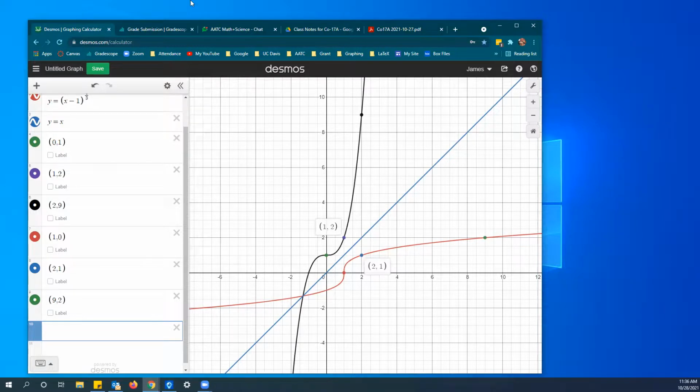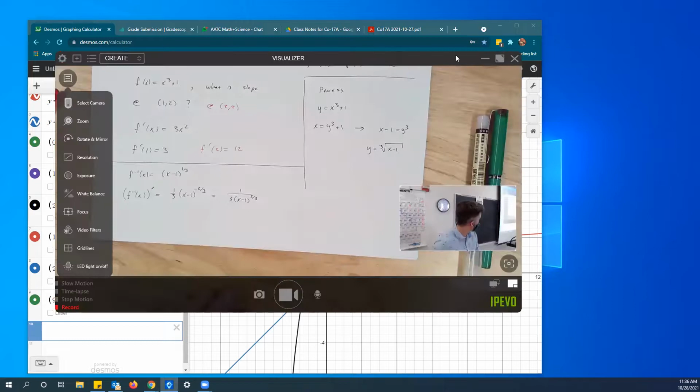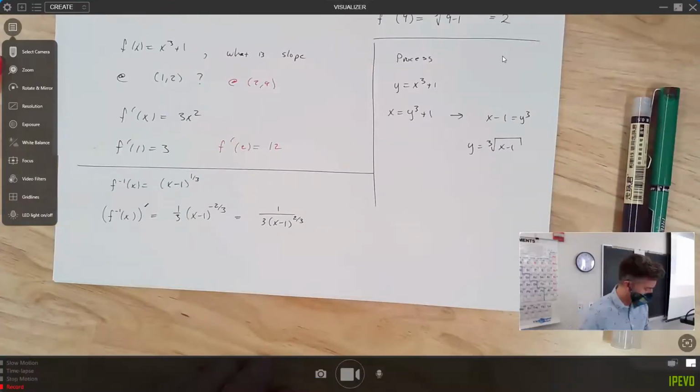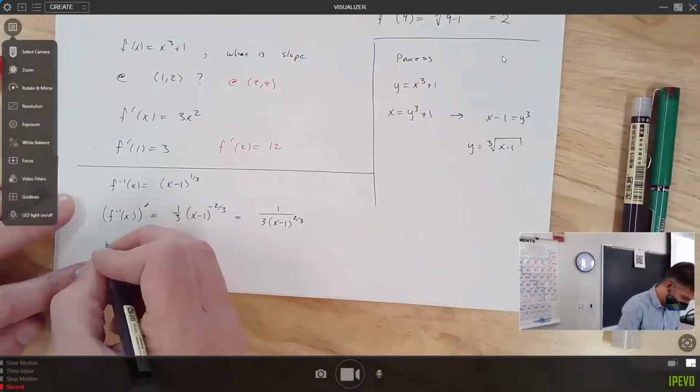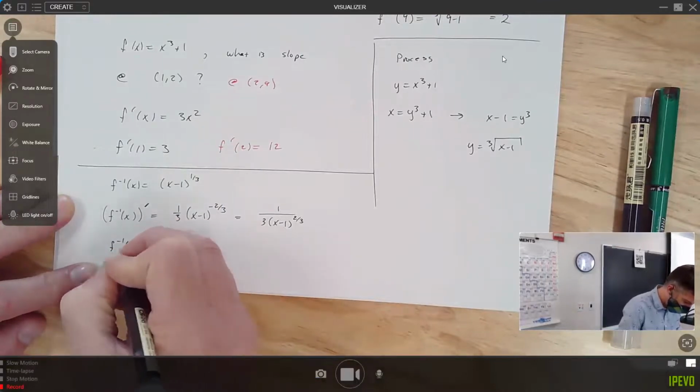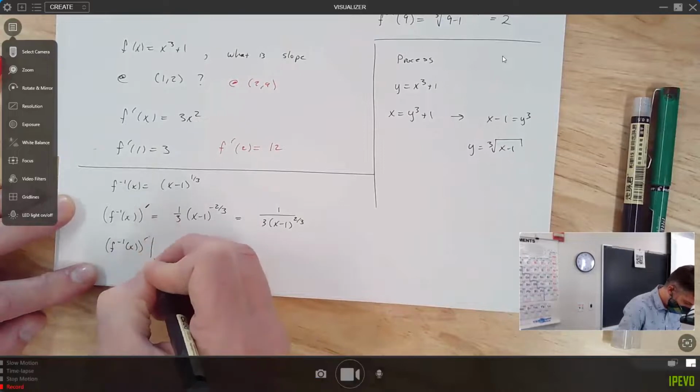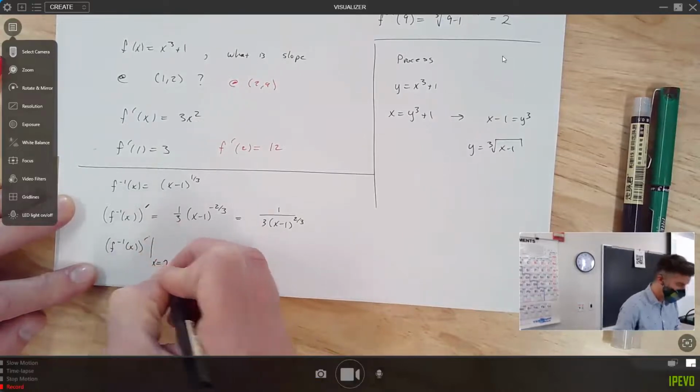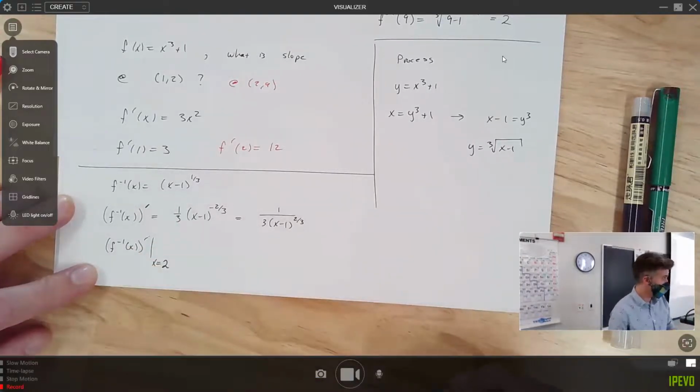So I really want to know: what am I going to get when I find the derivative of f inverse of x evaluated at x equal to 2? Because that's the point I'm looking at.